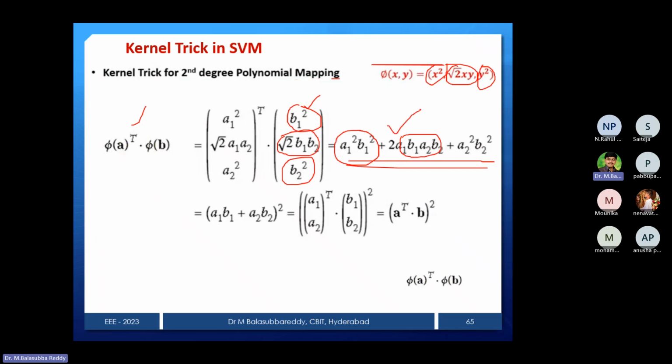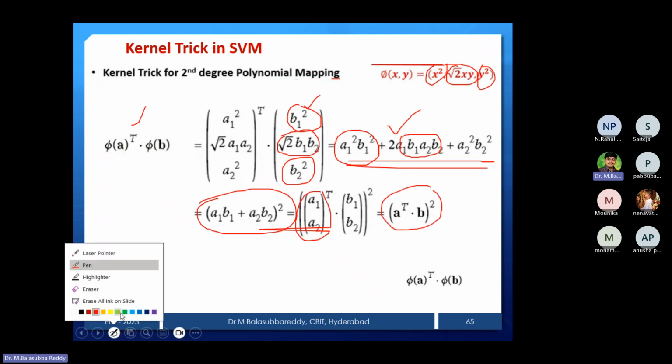This is nothing but the a plus b whole square form. So this is an arithmetic operation. The a plus b whole square form means here (a1 b1 plus a2 b2) whole square. I can write it like this: (a1, a2) transpose dot product (b1, b2), whole square. This is nothing but your final kernel trick.